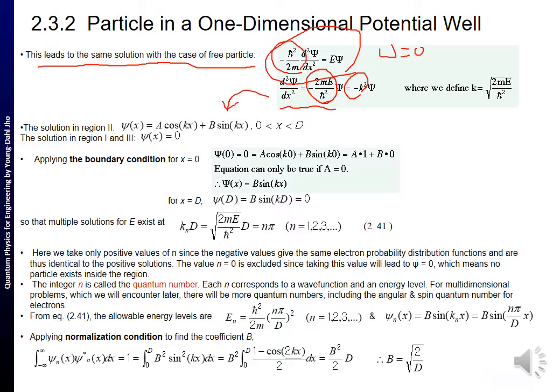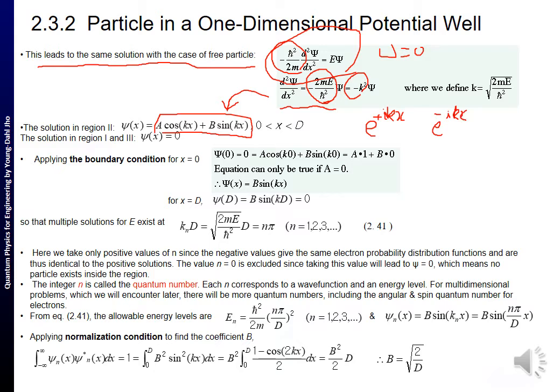The general solution in region 2: now we rather use cosine and sine combination. This is the most general solution. So we will either use cosine sine combination or exponential function like e to the ikx, or e to the minus ikx.